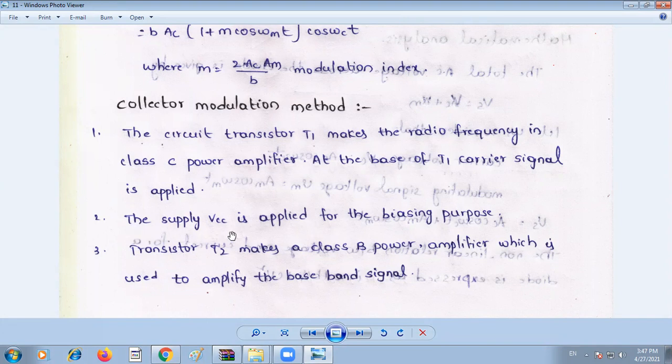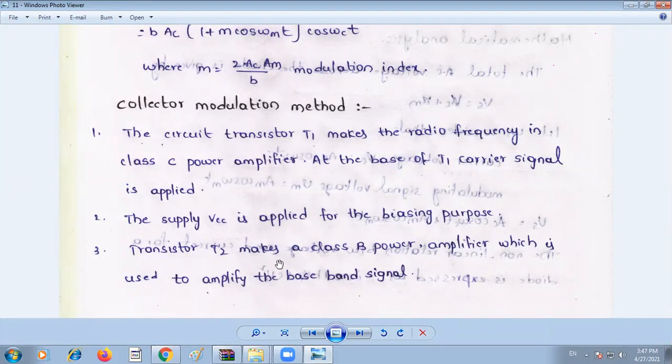The second point is that VCC is applied for biasing purposes. Biasing means deciding the VCC and IC values, that is, deciding the operating point. The resistances R1 and R2 are also used for biasing purposes.